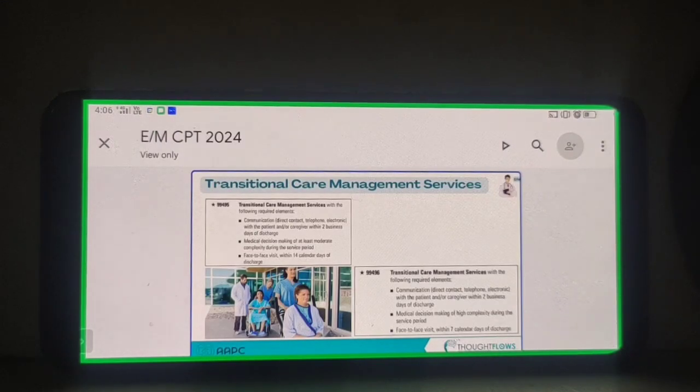For example, a patient with kidney failure has no chance to save the patient's life. In that case, they are admitted into transitional care management service, because they are going to live for a few days or a few months only.